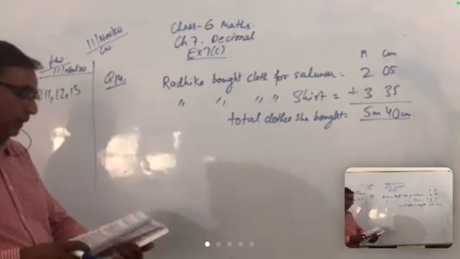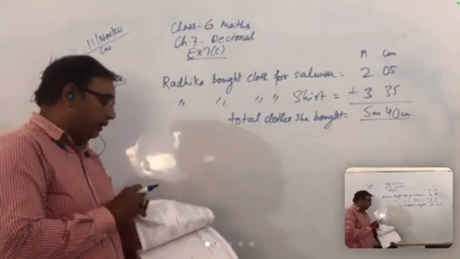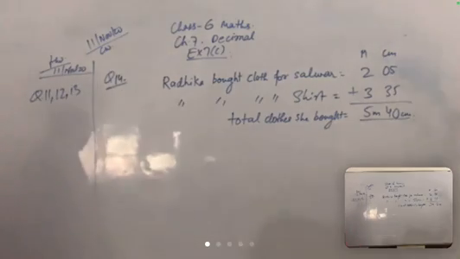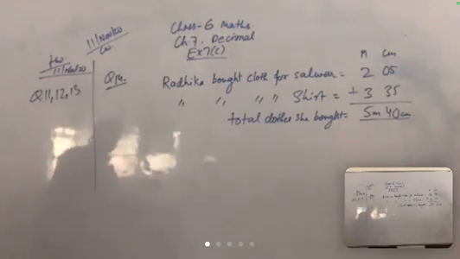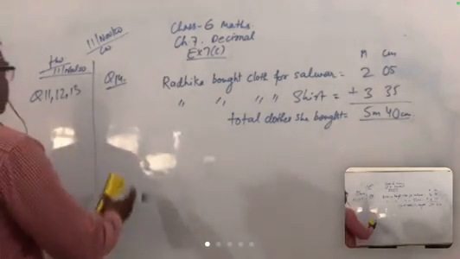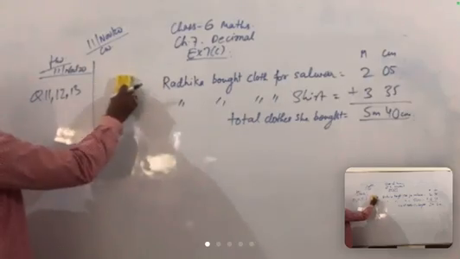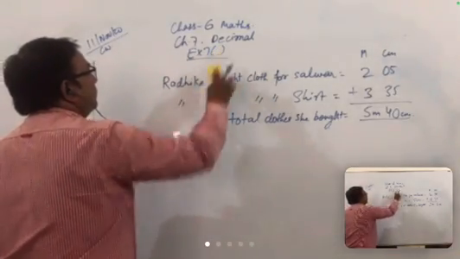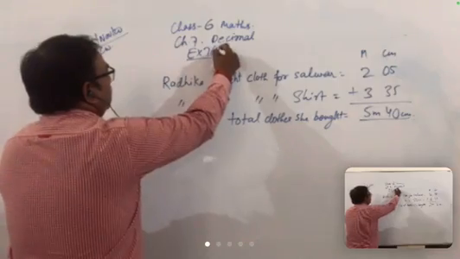Now we can start the next exercise. That is the last exercise of this chapter. That is the subtraction, subtraction of the decimal. Copied everyone? Now we have to start exercise 7D.